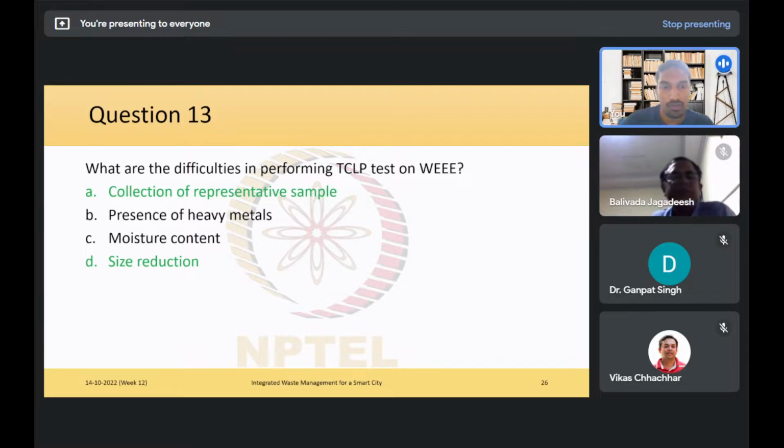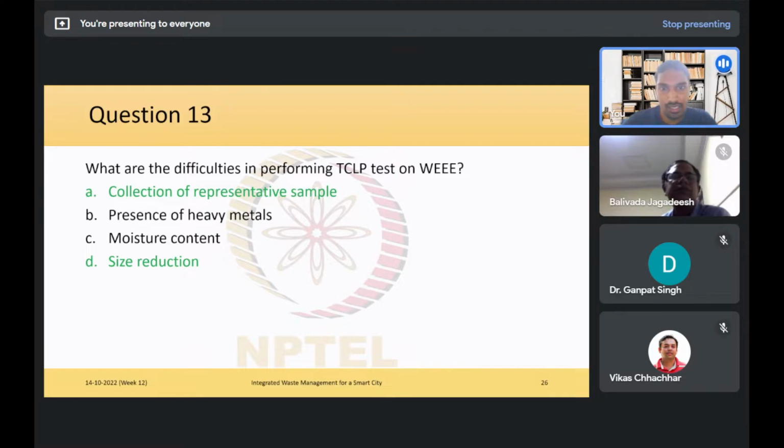When we have electronic waste, if we do not have a representative sample, if we just take 100 grams from some components, right? Because e-waste has multiple components: we have plastics, we have metals, we have glass. Suppose we have a computer.